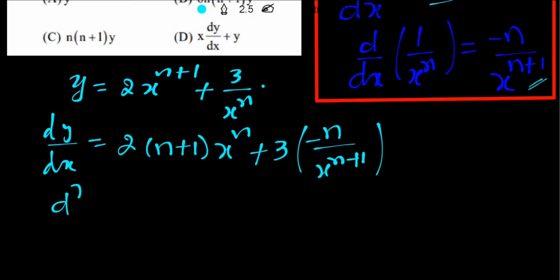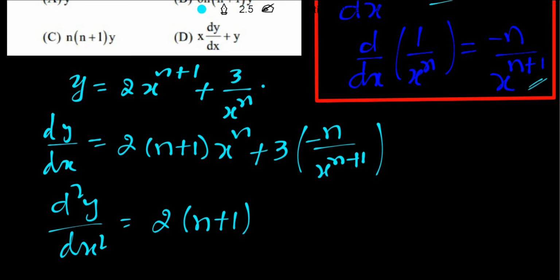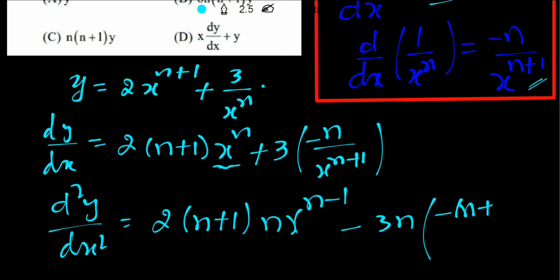d square y by dx square is equal to 2 into n plus 1 into x power n derivation here, n into x power n minus 1, minus 3n outside, 1 by x power n formula same again, minus n plus 1 divided by x power n plus 1, that is nothing but x power n plus 1 plus 1, x power n plus 2.